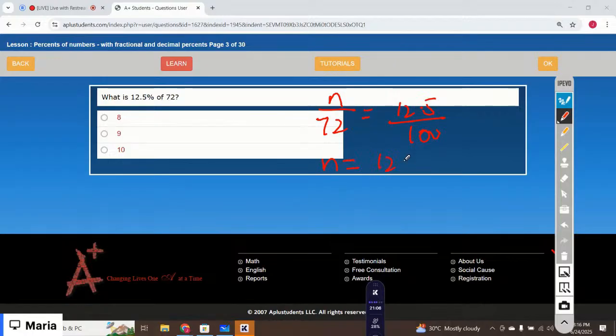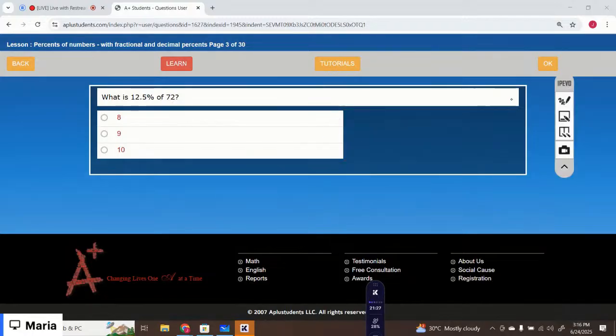N equals 12.5 times the number divided by 100. Let's look at the options. Option number 2 is the correct option.